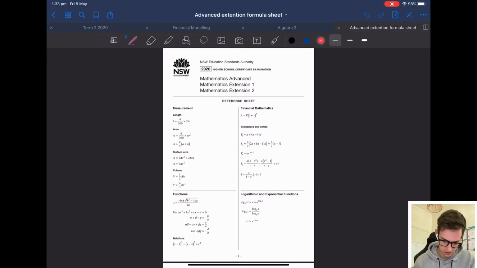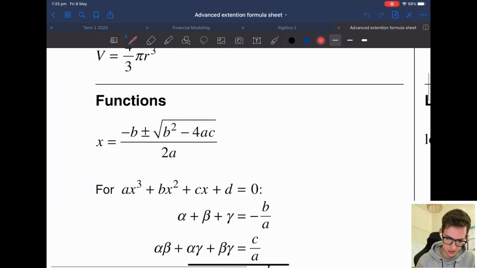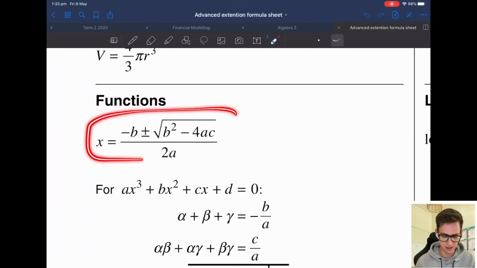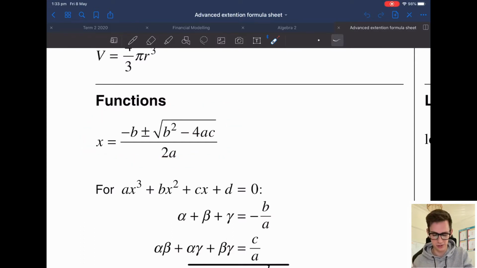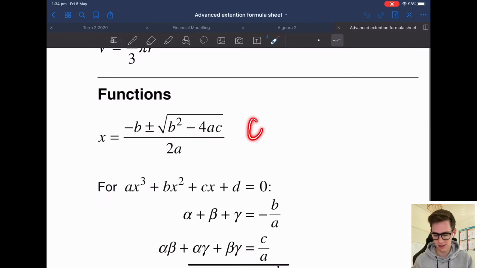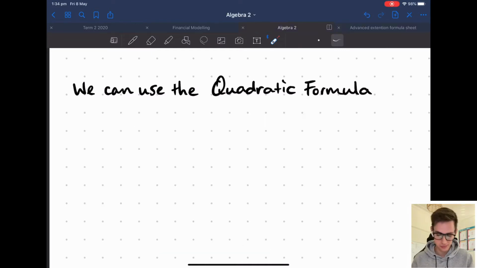And you'll notice on the very first page, under the functions heading, there's this big scary looking formula with a square root, a plus minus, and a fraction. That is the quadratic formula. So the benefit of the quadratic formula is that you don't have to remember anything. It's written on your reference sheet.